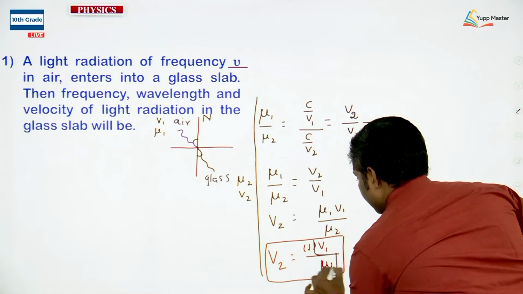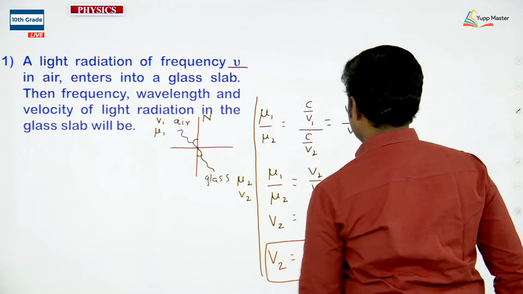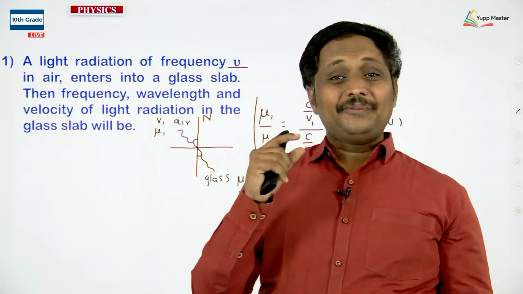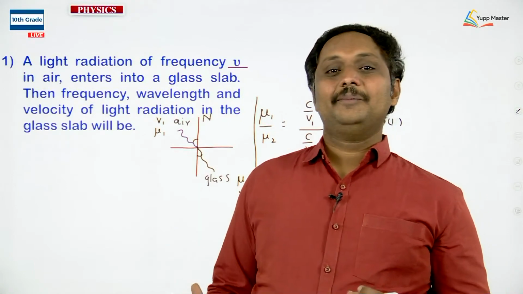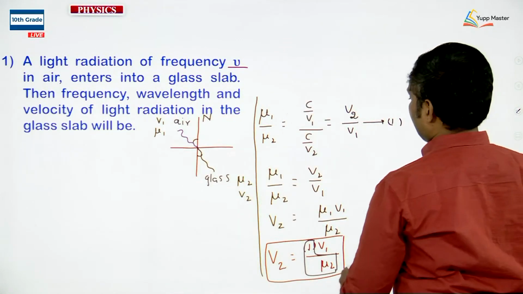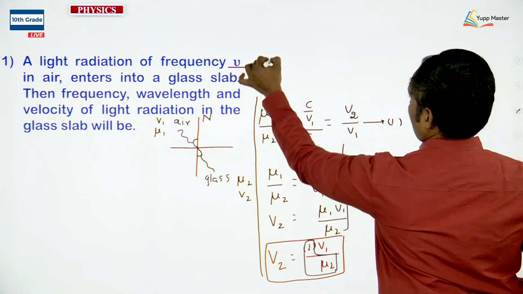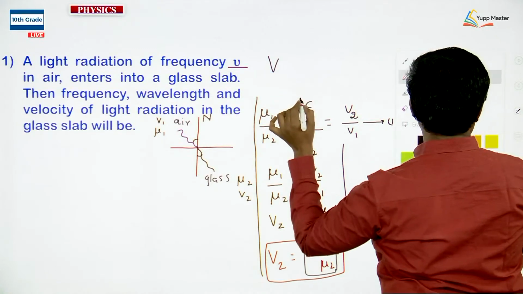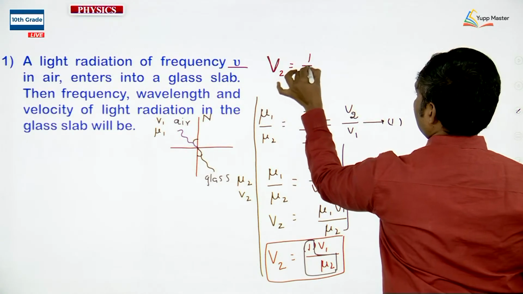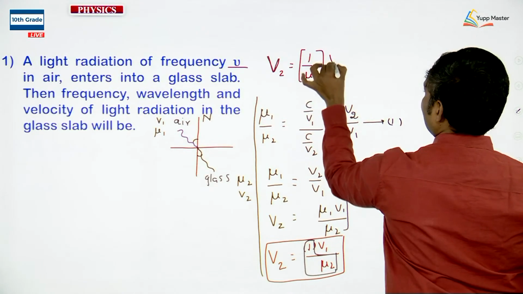Thus you can write V2 is reduced by the refractive index of the second medium. So easily you can write down that V2 is equal to 1 by mu2 times V1.